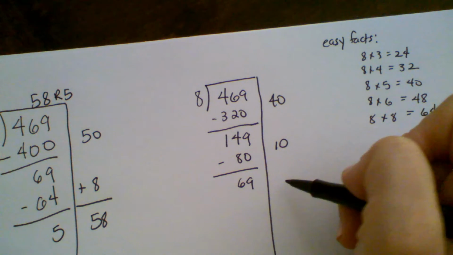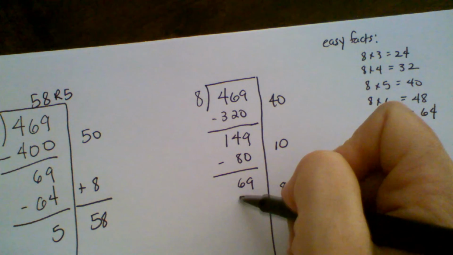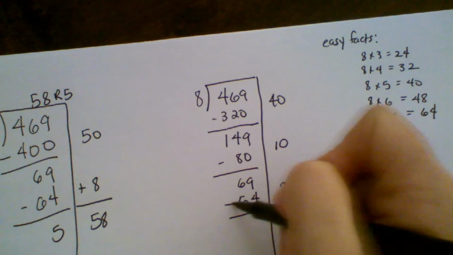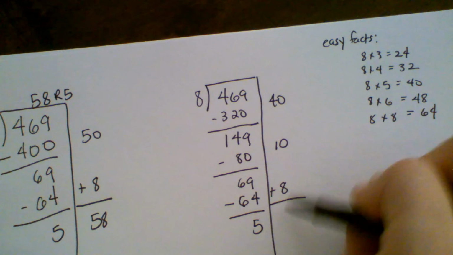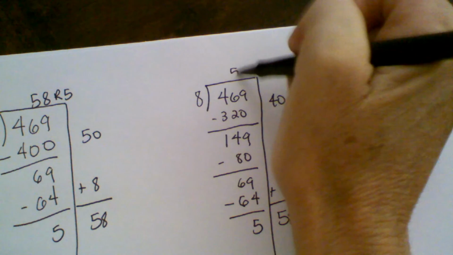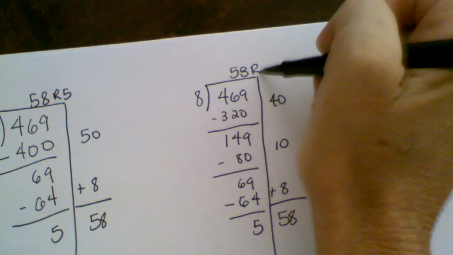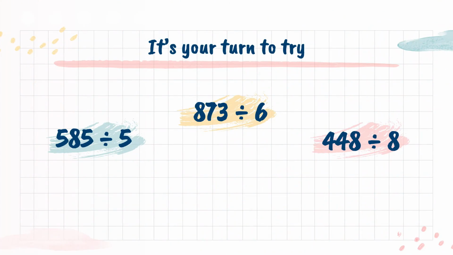I tried a 10. And I got 80, so 149 minus 80 gave me 69. And then I got close by multiplying 8 times 8 to get 64. I'm left with a remainder of 5, and I get the same answer, 58 with a remainder of 5.